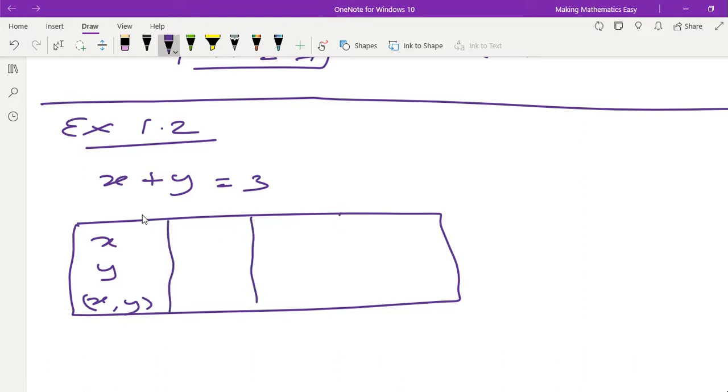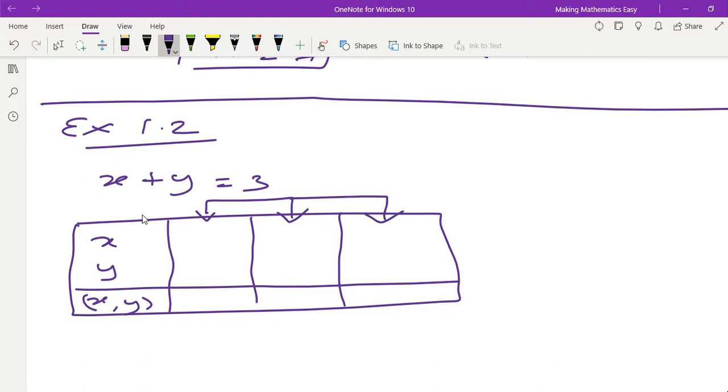Now what you need to do is you need to find two values. Minimum requirement is two values. Either you can go for only these two values, but for safety and to make sure what your calculations are doing in these two examples is correct, you need to go for the third one.